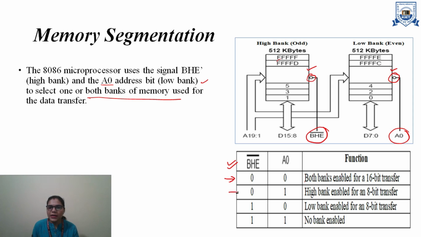Here BHE bar is 0, so it will select the high bank, but A0 is 1, so it will not select the low bank. When BHE bar is 1, the high bank will not get selected, and A0 is 0, so the low bank will get selected. When BHE bar is 1 and A0 is also 1, no bank will be selected. In this way, 8086 microprocessor selects banks of the memory.